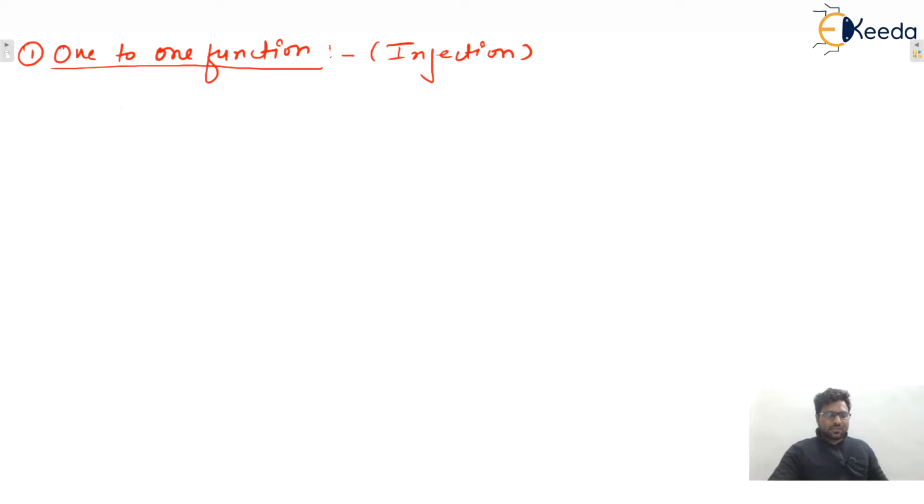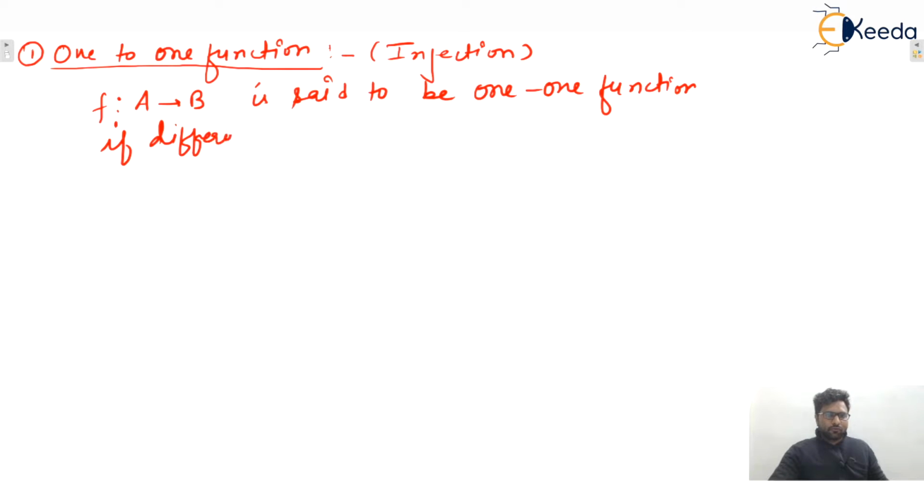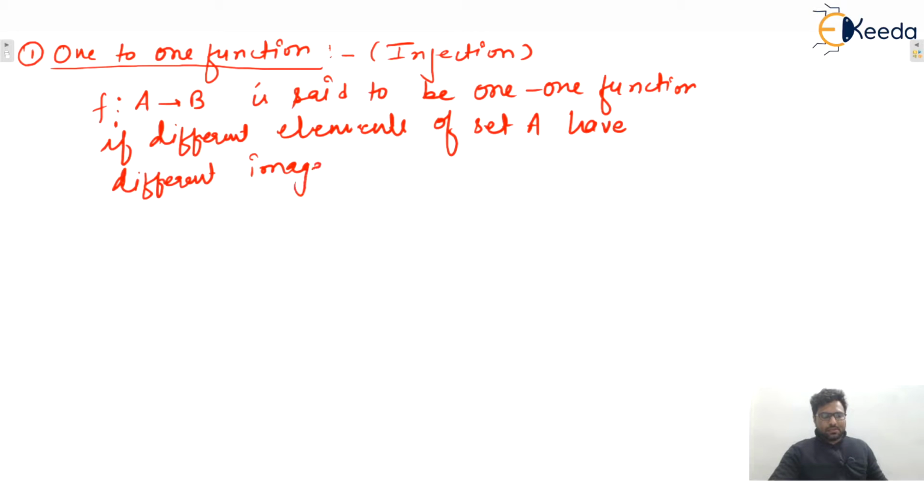We can say that a function, let's say from set A to set B, is said to be one-to-one function if different elements of set A have different images in set B.